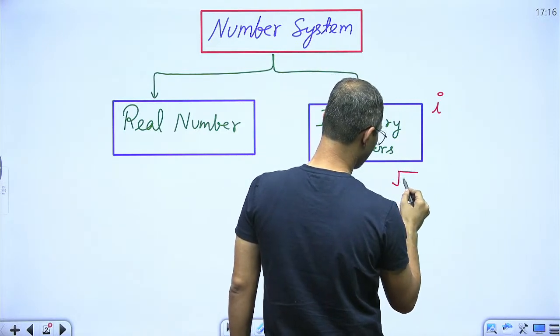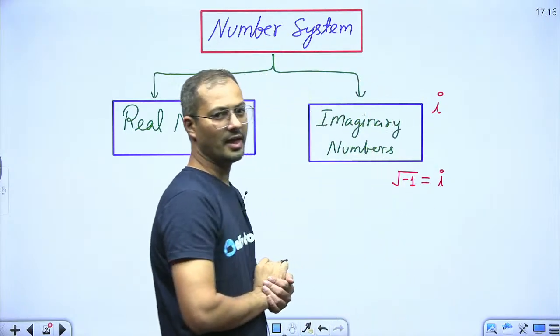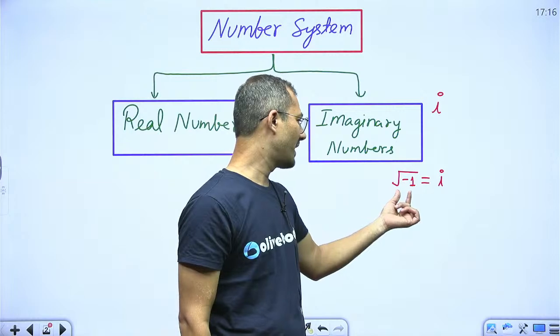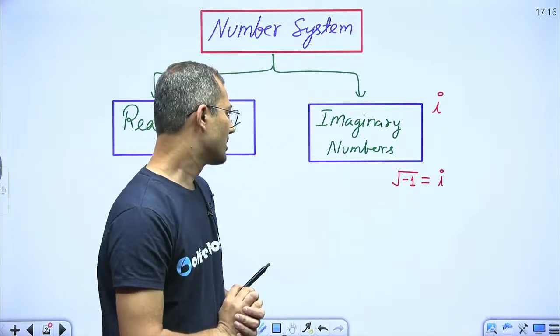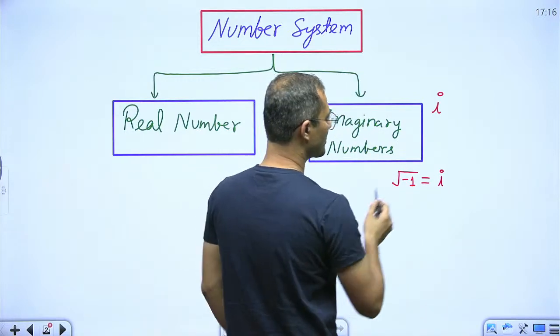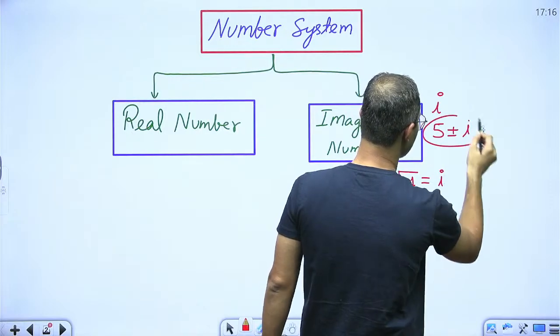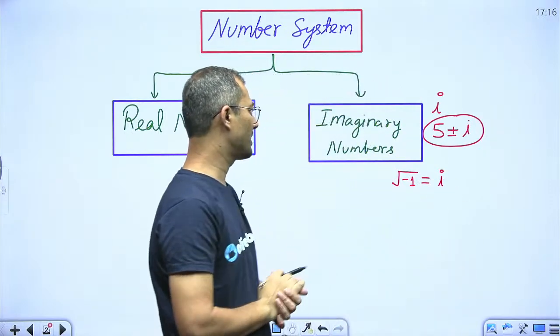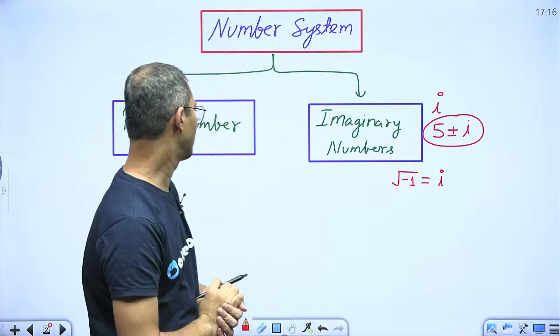We know that the root of -1 is not possible, so it is imaginary, and we represent it with i. You might have studied 5 plus i, 5 minus i. This type of number is known as an imaginary number and is represented by i.